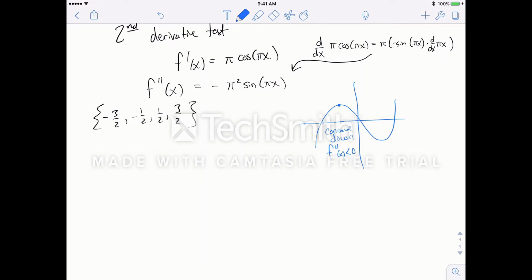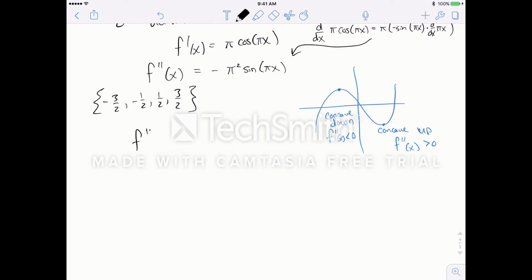Our second derivative is negative. So if our second derivative is negative, we have a local maximum. At a local minimum, we're concave up, which means that our second derivative is positive. So if we find that our second derivative is positive at that critical point, then we know we have a local minimum.